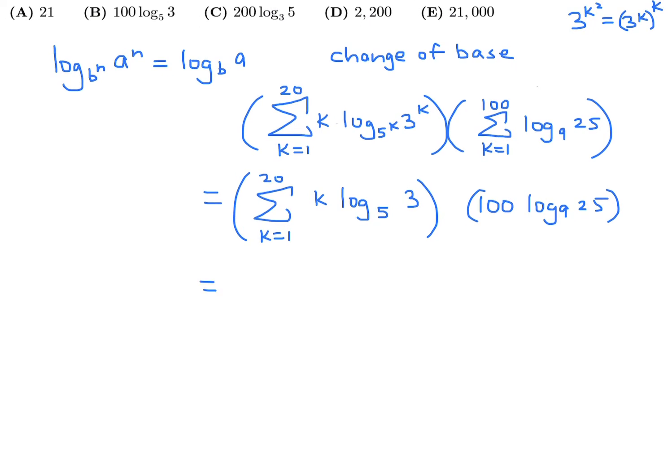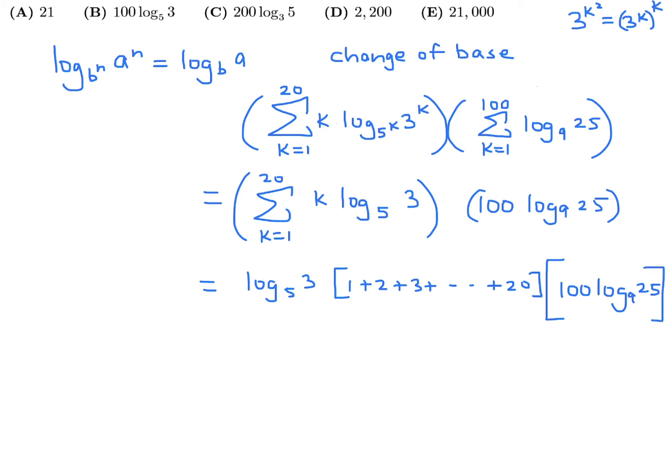So this will be like 1 plus 2 plus 3 all the way up to 20, and this is just a constant. So since it's a constant, we can just put it out front. Log of 3 to the base 5, and then it'll just be this now, and that's just 1 plus 2 plus 3 plus ... all the way to 20. And then don't forget about this guy, 100 log of 25 to the base 9.